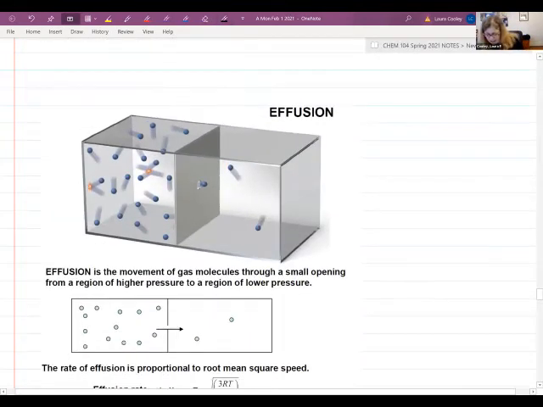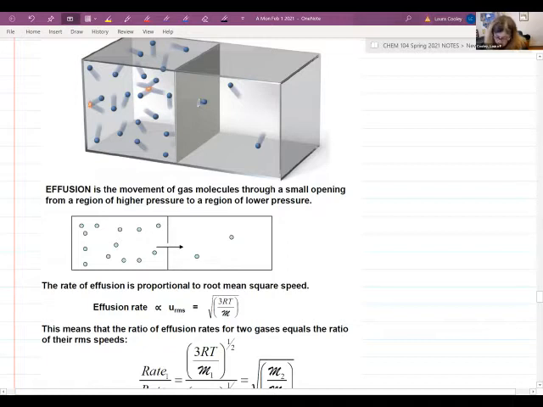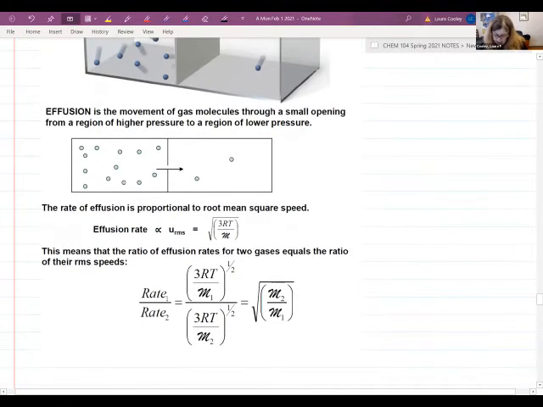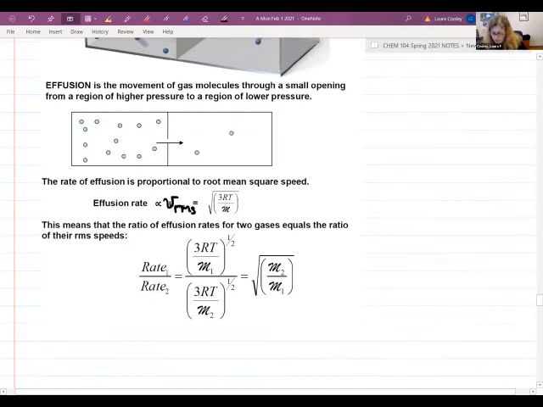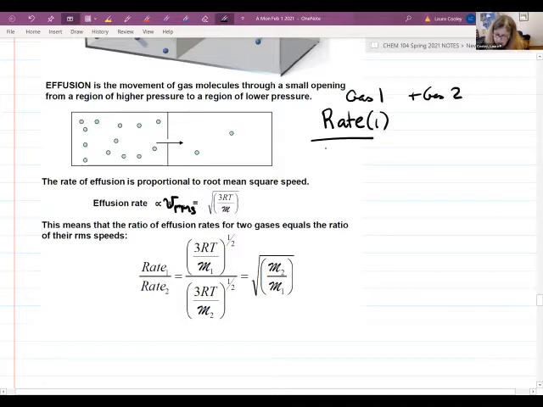So this is the picture I kind of drew. This is effusion, and the effusion rate, the root mean square speed, VRMS, is the square root of 3RT over M. So if I want to know the ratio of the rates of two different gases, gas 1 and gas 2, what is the rate of 1 over the rate of 2?